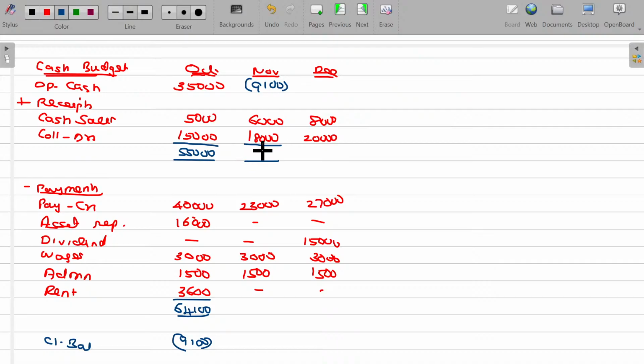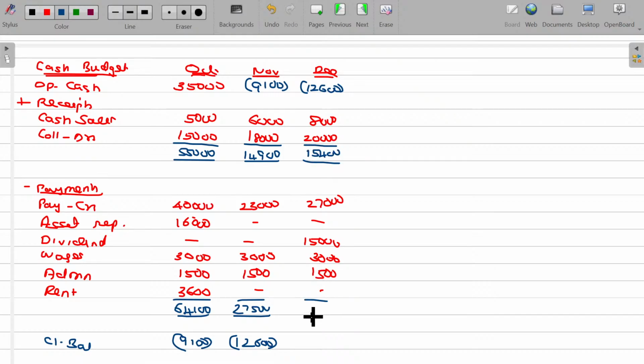In the next year, 14,900 only we have. After the payment of rupees 27,500, final value being 12,600 negative, and here 12,600 negative, and two positive receipts. After that, ultimate cash balance available being only 15,400.